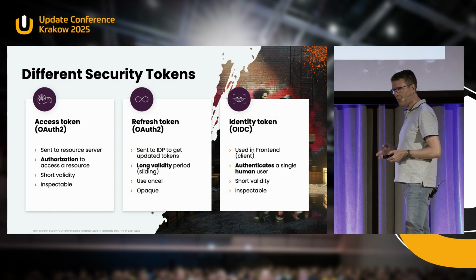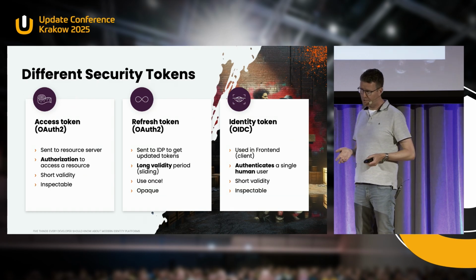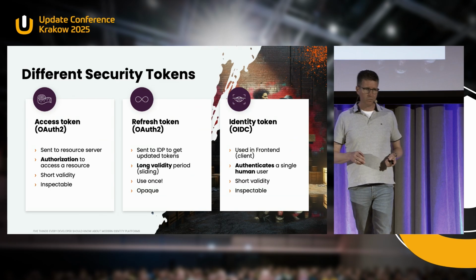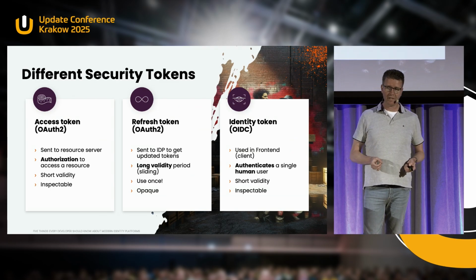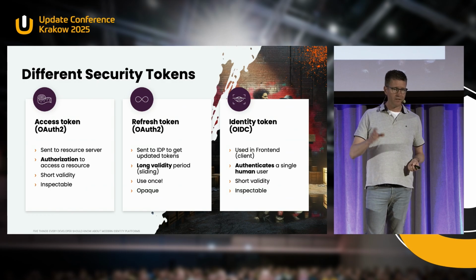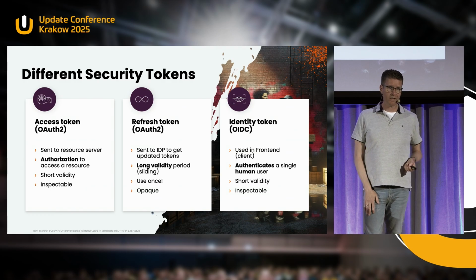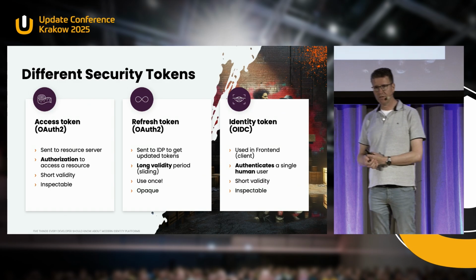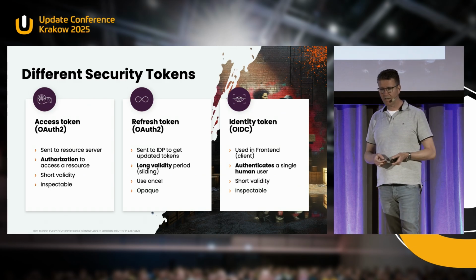An identity token says something about a human being. So it doesn't happen for the client credentials flow, it happens for the authorization code flow. It identifies a human being, and it will have information like an email address, some kind of GUID that is the unique identifier of that user. It could have profile data, pretty much anything you want.